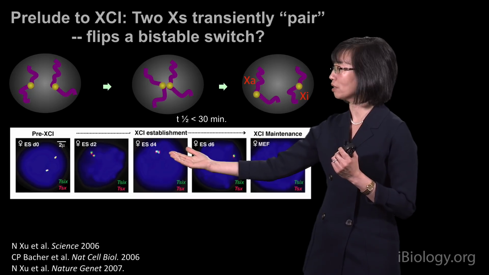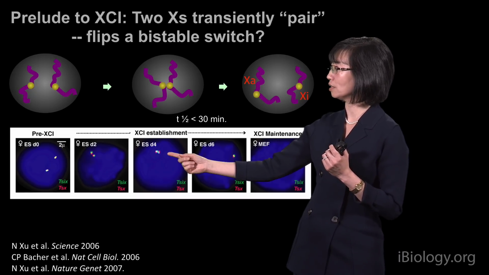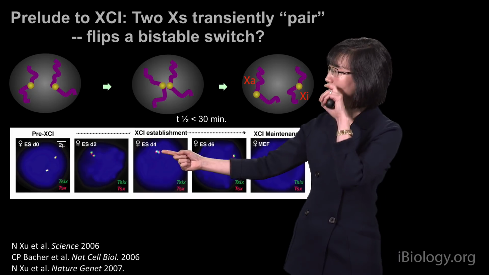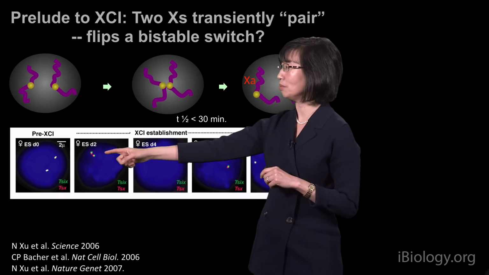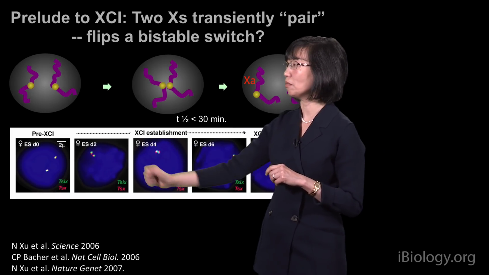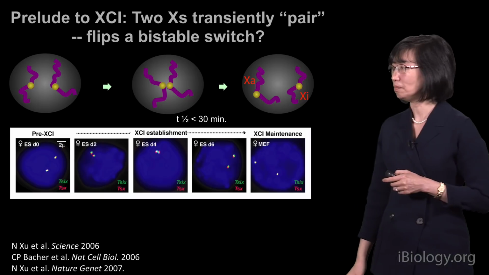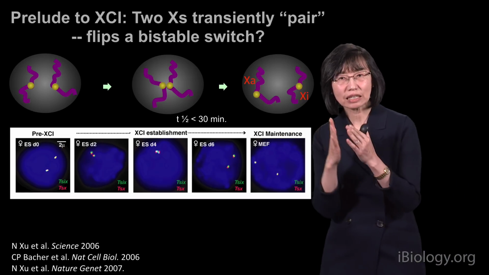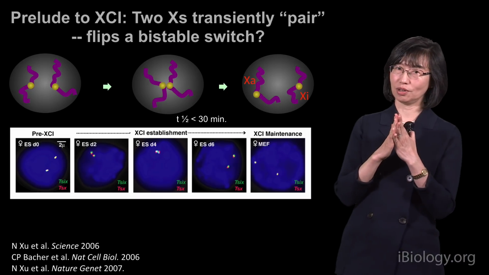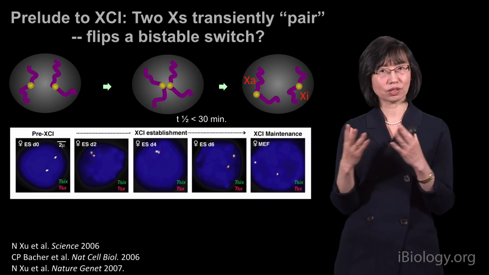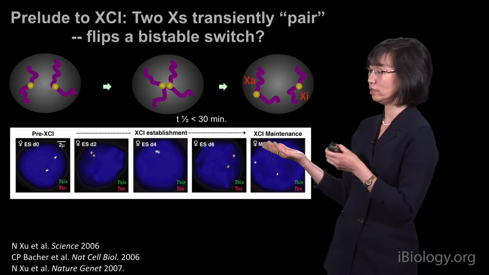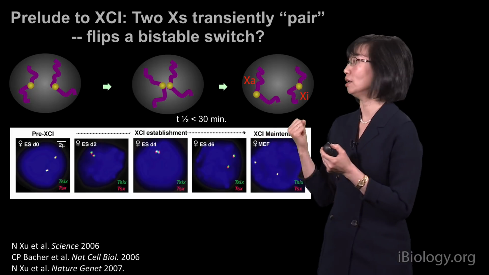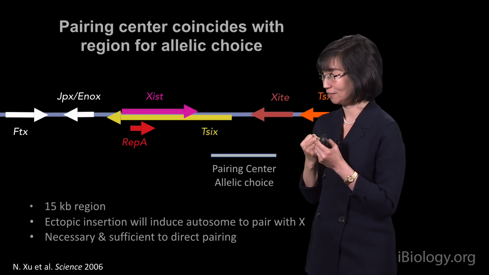And you can see this pairing event here by DNA fluorescence in situ hybridization, where you can see two dots of the XIC coming close together in a certain time frame during X inactivation. And so because of this observation, we propose that the XX pairing process may serve as a bridge by which the two chromosomes can communicate with each other prior to the choice decision.